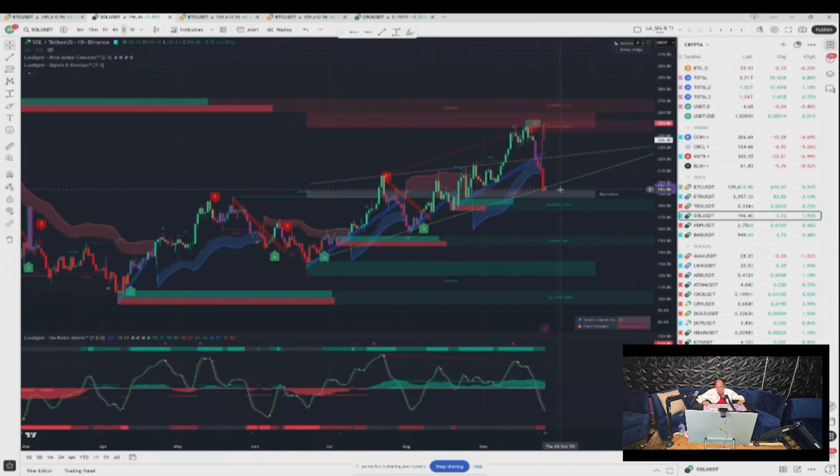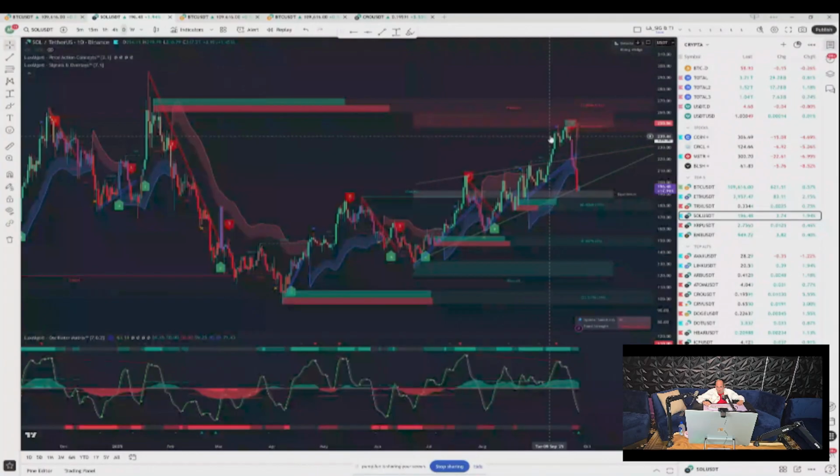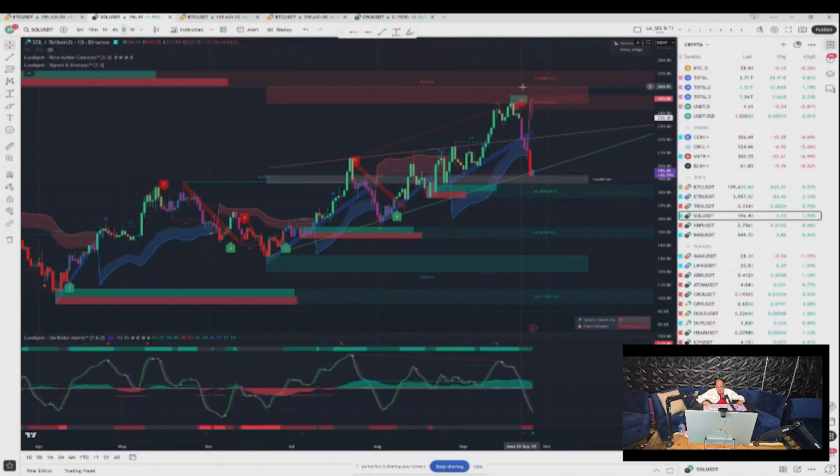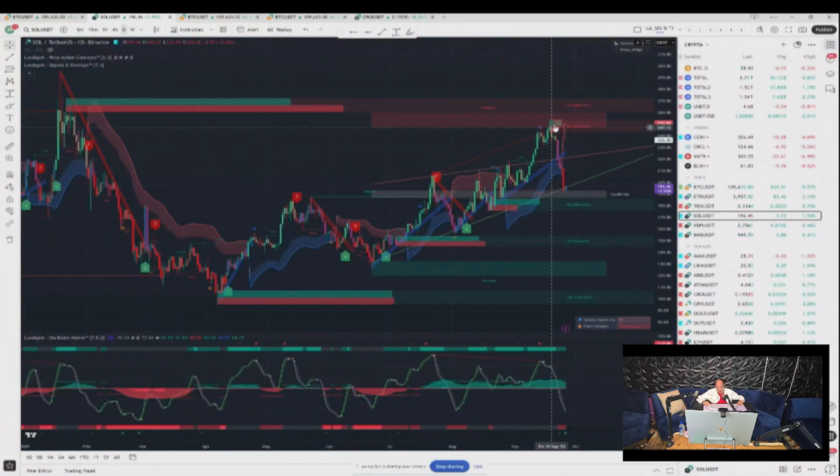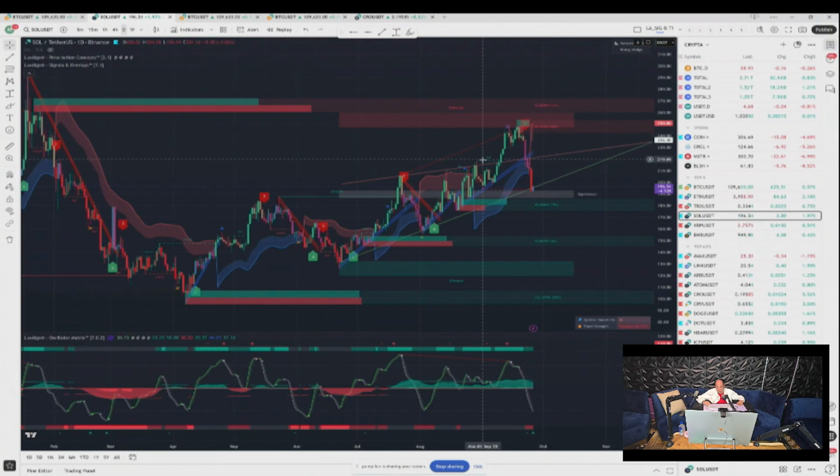Sol, we've been talking a lot about Sol. We've been trading it actually pretty actively. It has very nice price action, and it had a pretty strong run from 200 to 250, just a couple days, like a week, which was insane.